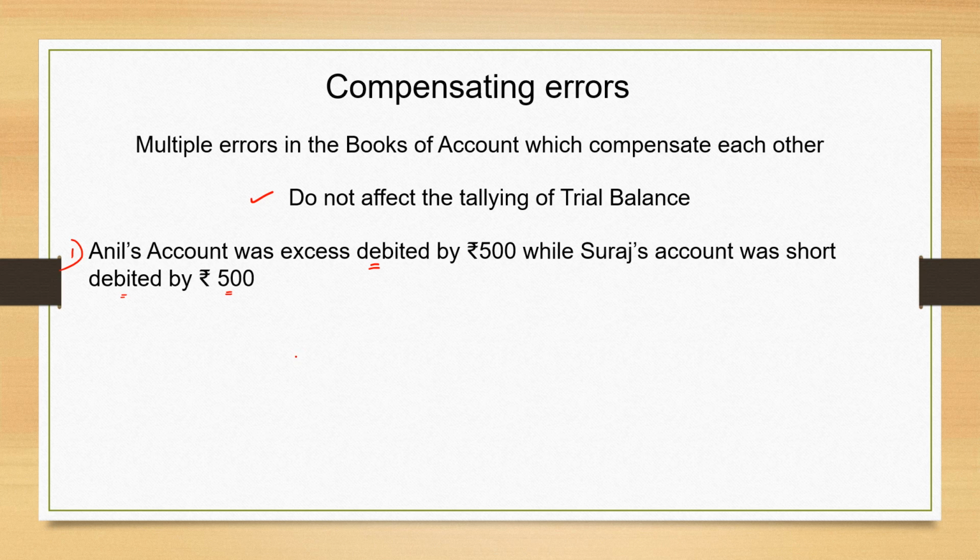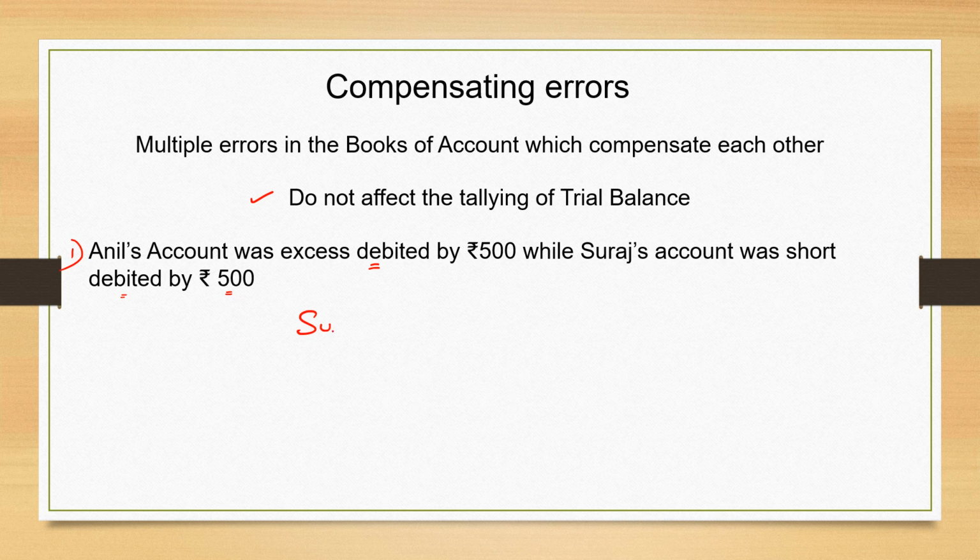Now how do we go about rectifying? Now who has been debited excess? Anil's account has been debited excess. So we have to nullify that excess debit. So to nullify that, we have to credit Anil's account. Whereas Suraj account was short debited, means 500 has gone less to the debit side of Suraj.